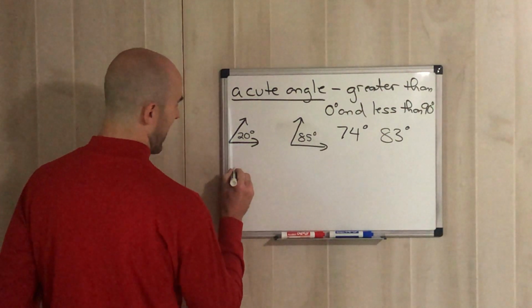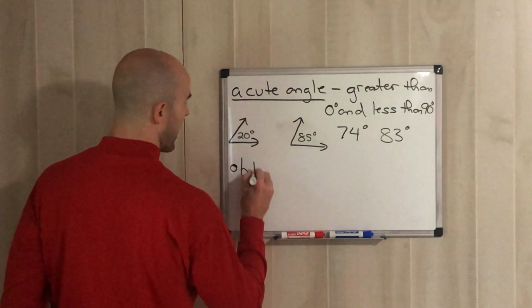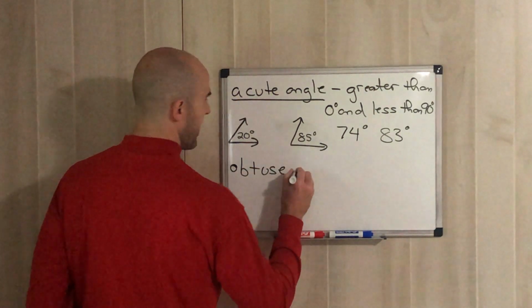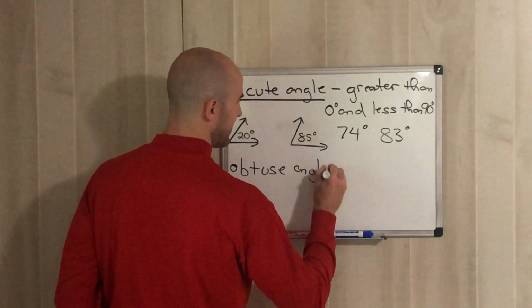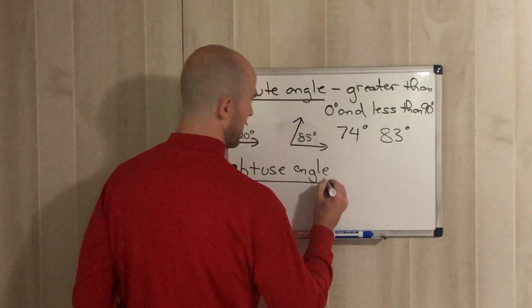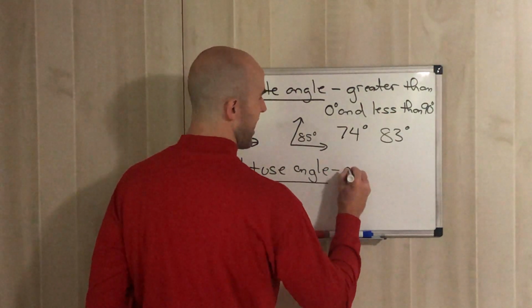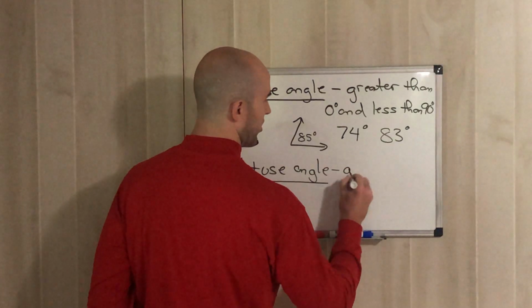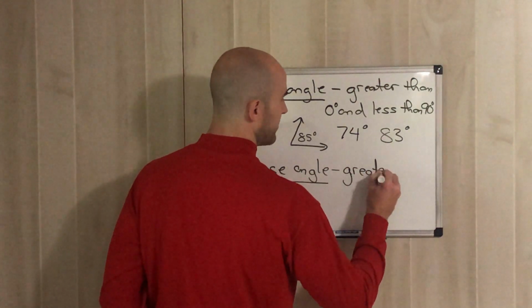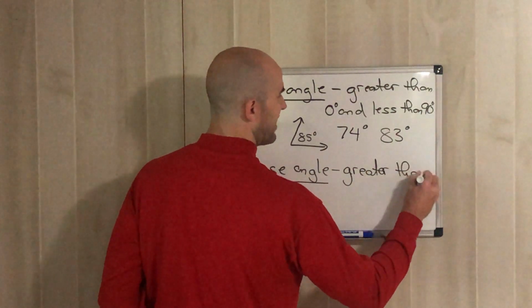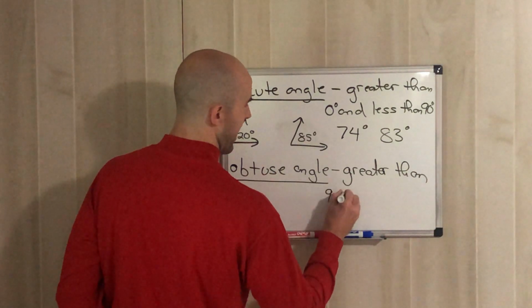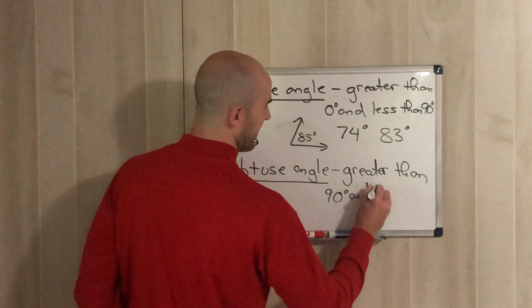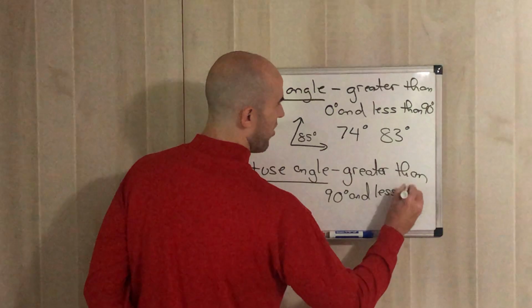And then the one that I raised is something called an obtuse angle. An obtuse angle is greater than acute. It's going to be greater than 90 and less than 180.